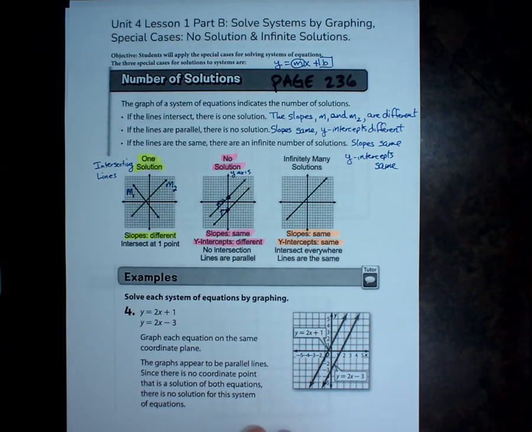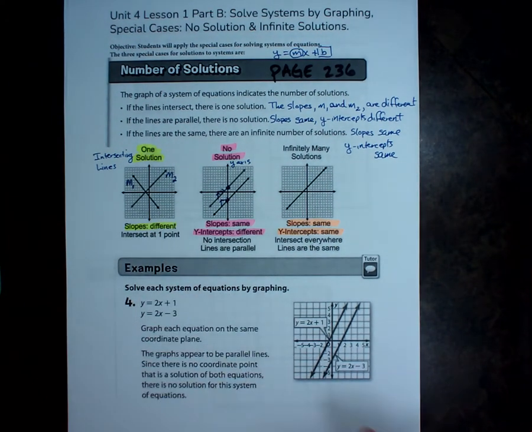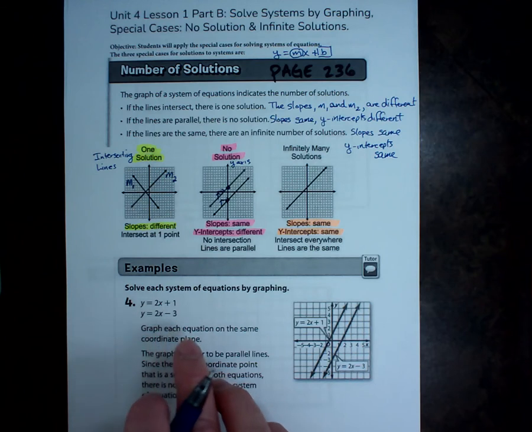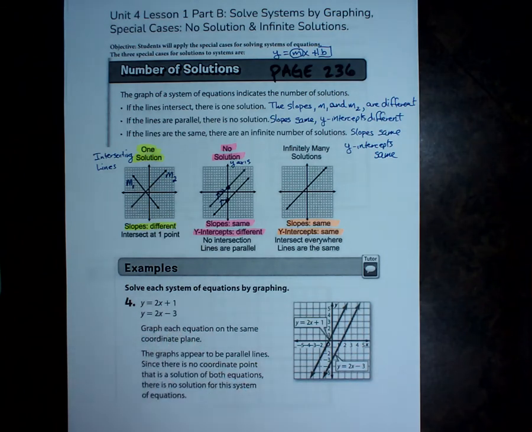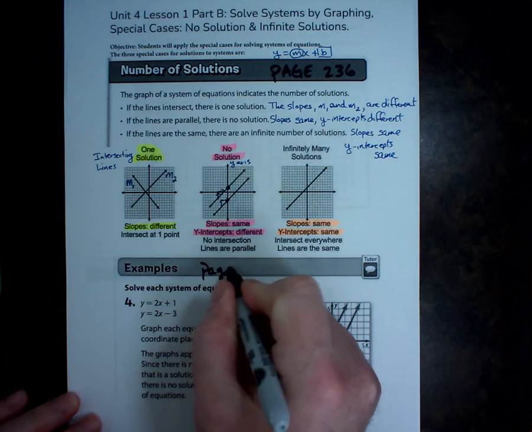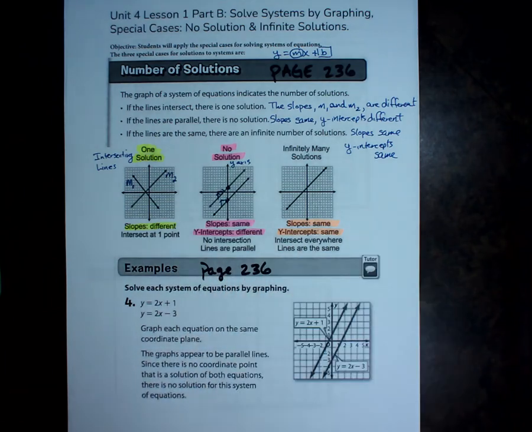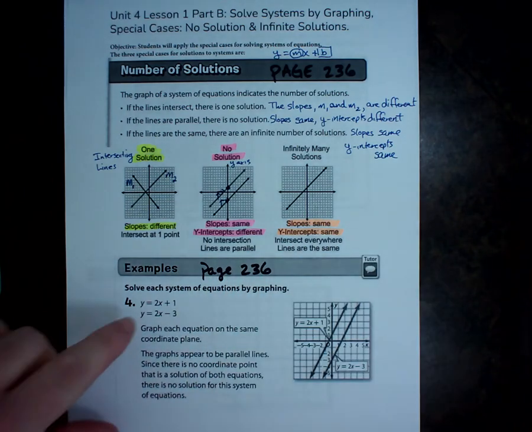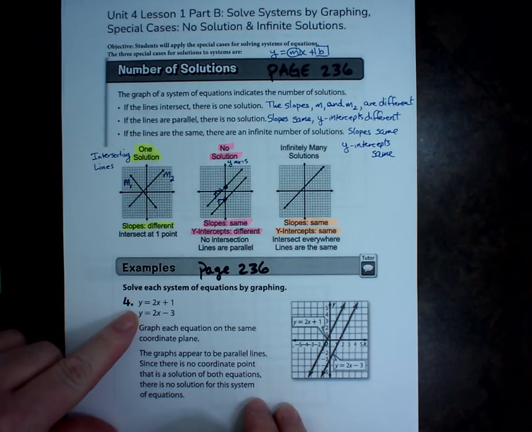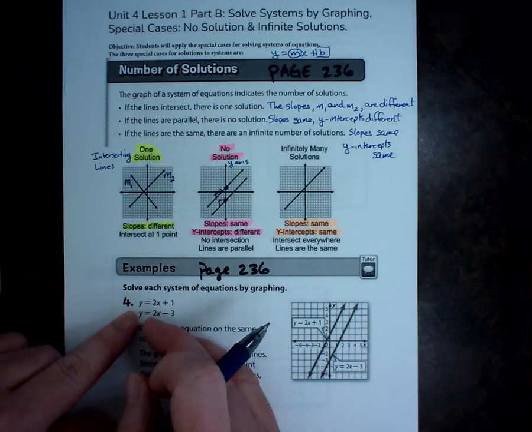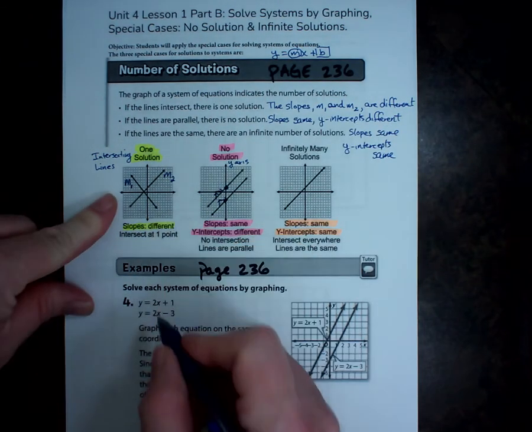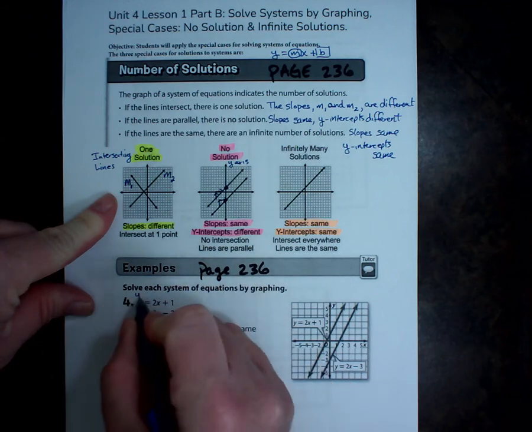If we look here in the example given in your book, this is still on page 236. We wouldn't even have to graph it once we know this example. If we look at our situations, y equals mx plus b.